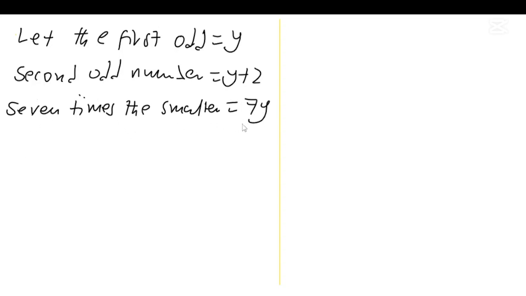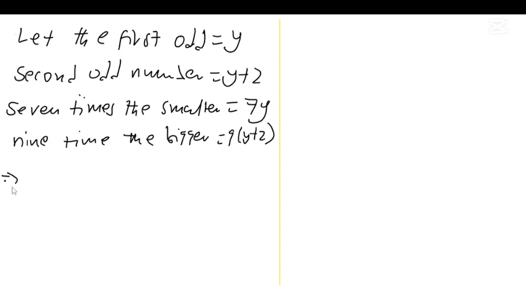Seven times the smaller is giving us 7y. Nine times the bigger is giving us 9 times y plus 2. And the question says that 7 times the smaller subtracted from 9 times the bigger.